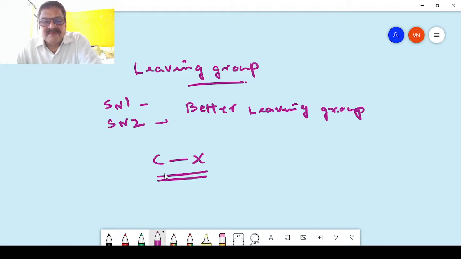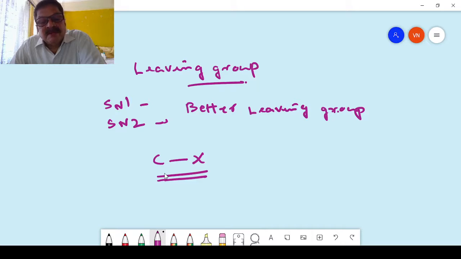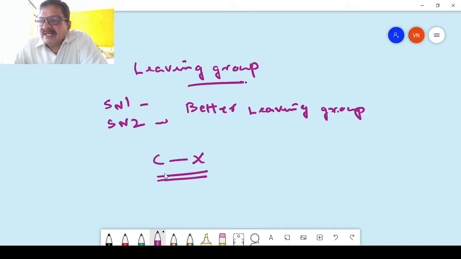Therefore, the willingness of the leaving group to accept the electron pair in the C-X bond, how far it is willing, will determine the ability of that leaving group to facilitate the reaction here. That is, the more willing the leaving group is to leave with the electron pair, the faster will be the reaction.